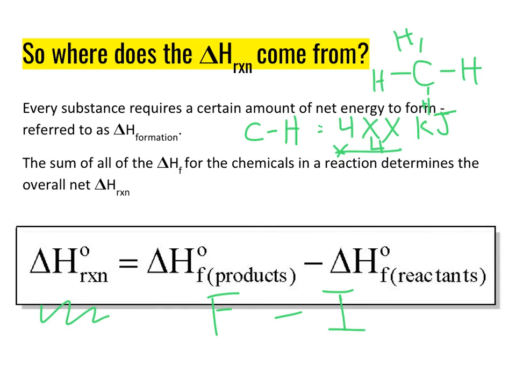There is a chart that says, for CO2, this is the delta H formation, and for H2O, this is the delta H formation every time, at least under standard conditions. So those are set values, and when you are calculating delta H of reaction, you ask: how much energy is released when I form the products? How much energy is required to break down the reactants? I subtract that, boom, I have my answer.